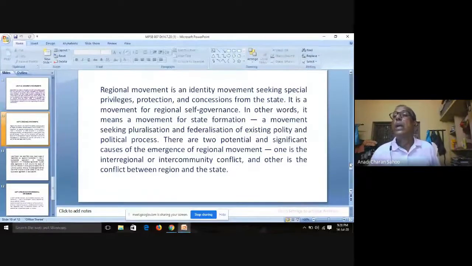But how a regional community translates itself into a sub-national movement, to find an explainable answer, we have to take into consideration the methodological submission of the modernization or mobilization theory of nation formation. There are two crucial submissions of this theory.